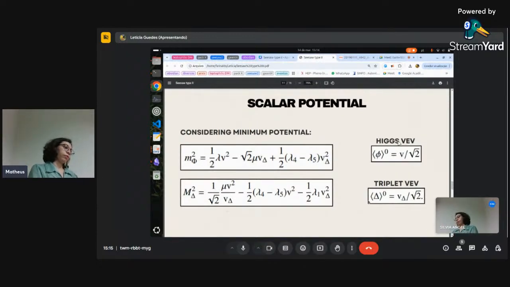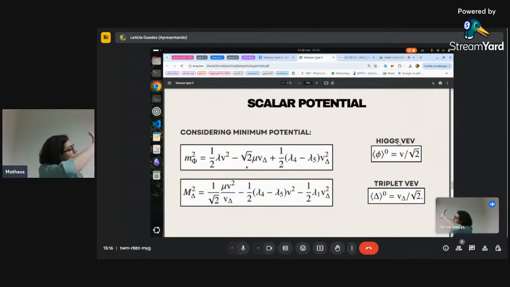Okay, so if we consider the minimum of the potential, we find the two masses, the mass for the Higgs and the mass for the delta, the triplet. In this case, we know that the mass of the Higgs is just this first part, and we know it quite precisely.